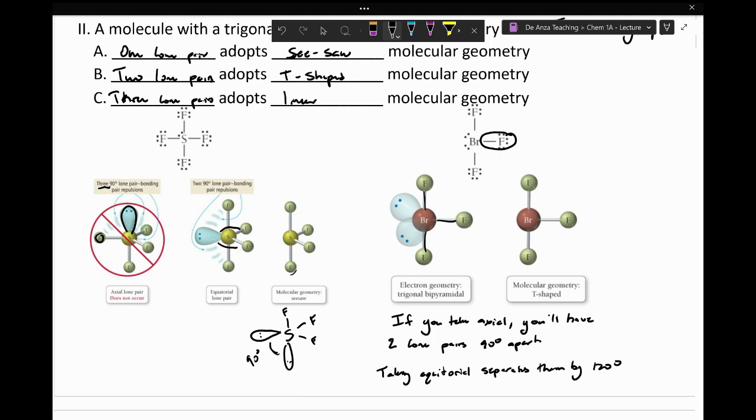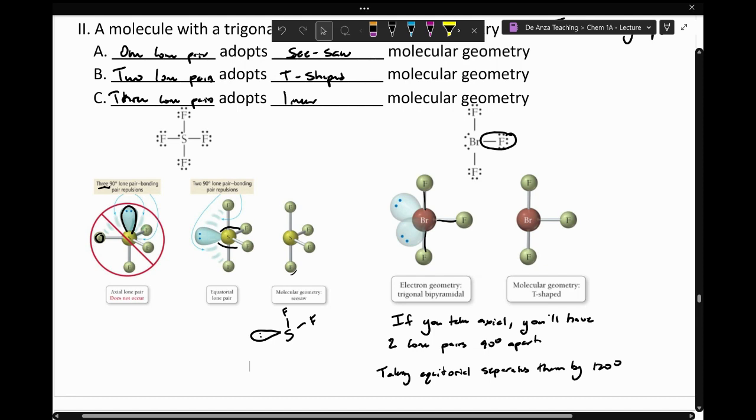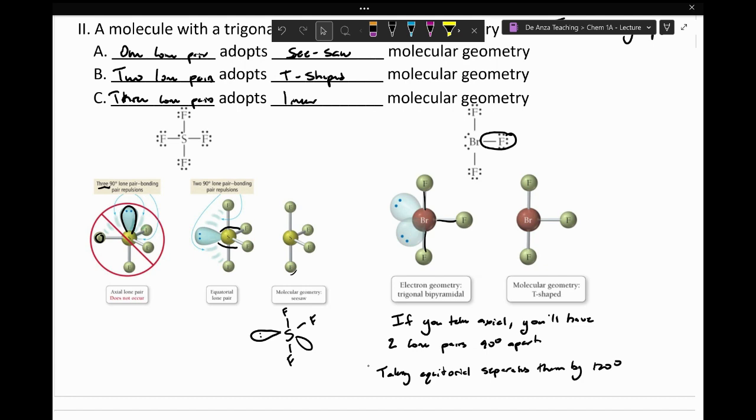But if you take the equatorial position again, and we switch this for this, we still have that lone pair that's 90 degrees separated from the two axial positions, but the separation between both of our sets of lone pairs is now 120 degrees. So we've separated those as much as possible.